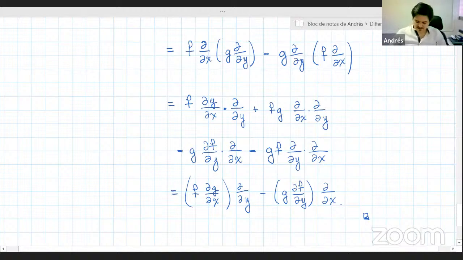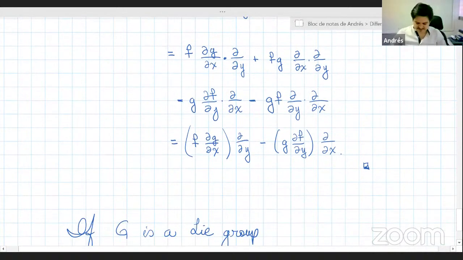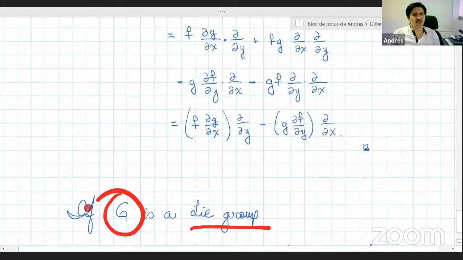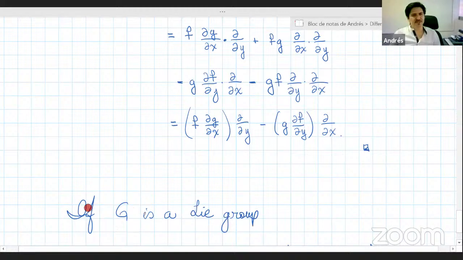Well, this is what is coming next. We have seen a Lie group. A Lie group is a manifold G where the product and the inverse are smooth functions. That's a Lie group.